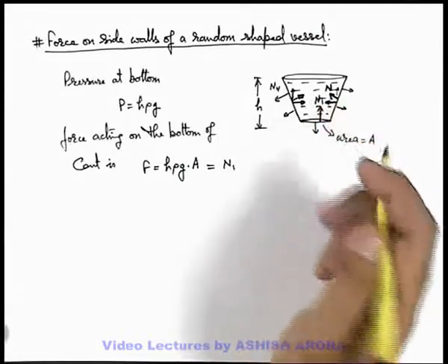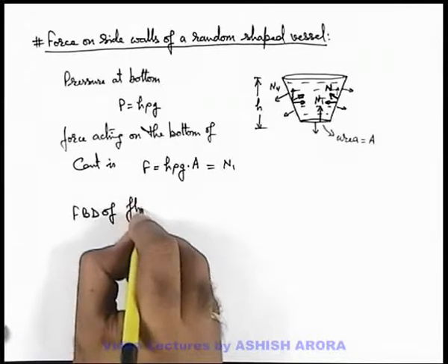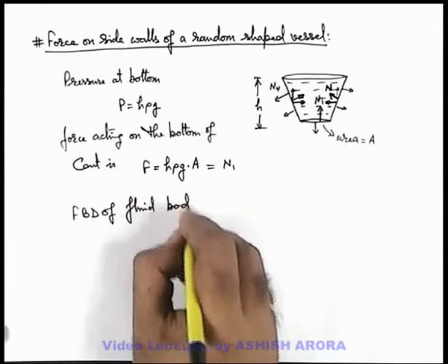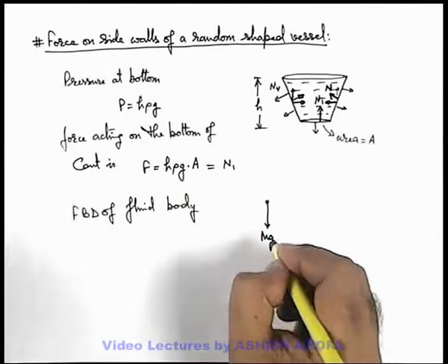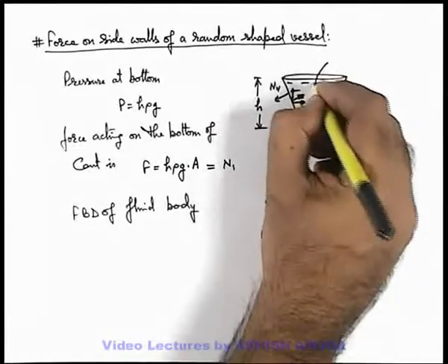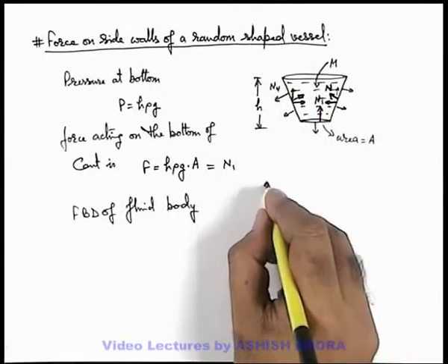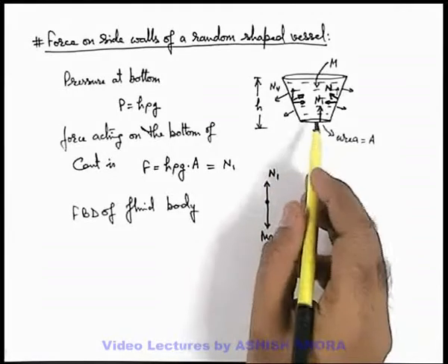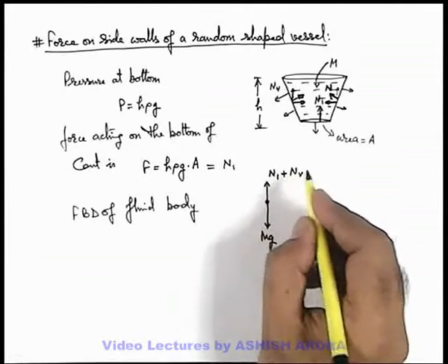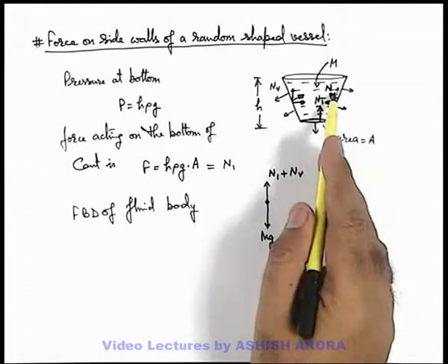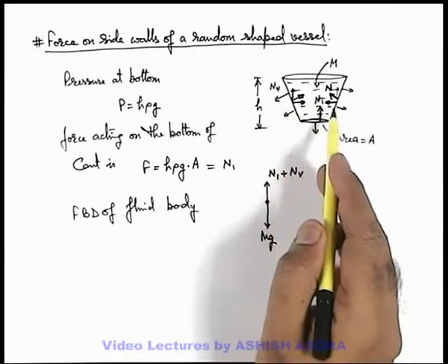If we draw the free body diagram of the fluid body, its weight mg is acting in the downward direction, where m is the mass of fluid taken in the bucket. In the upward direction it experiences one force, N1, the normal reaction due to the bottom, and the other, NV, the vertical component of the force exerted by the side walls, as the horizontal component is already balanced.